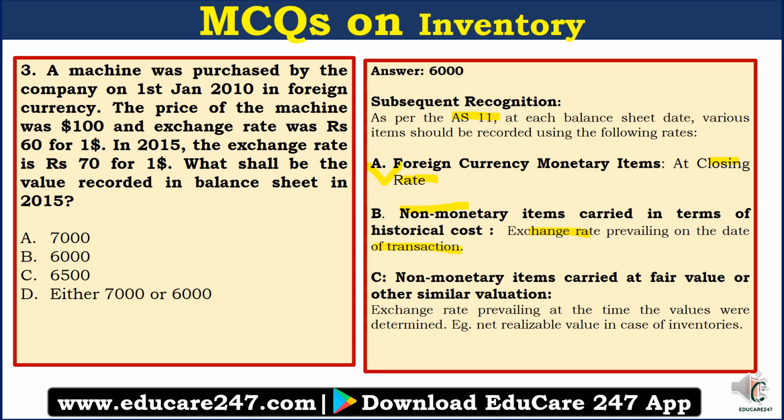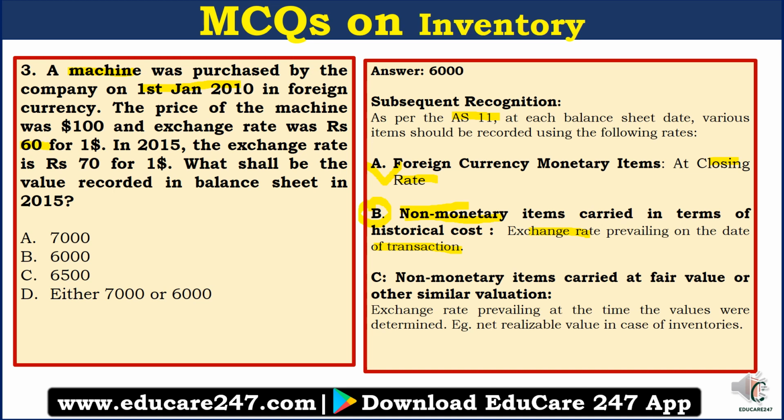Now coming to the question, a machine was purchased, right? So is machine a monetary item or is it a non-monetary item? It is a non-monetary item. So we fall under category B, right? And when it was initially recognized on 1st Jan, the exchange rate was ₹60.